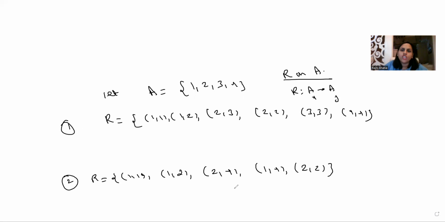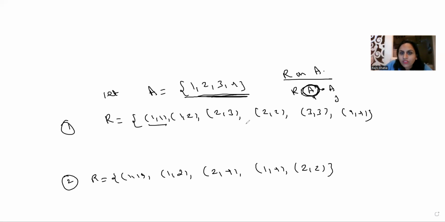And the question is to check whether these 2 relations are reflexive or not. So what we need to see is that all the elements which are present in the domain set A, we have to check whether their doublets are present in the relation itself or not. If they are present, we'll say that it is reflexive. If they are not present, we'll say it is not reflexive.